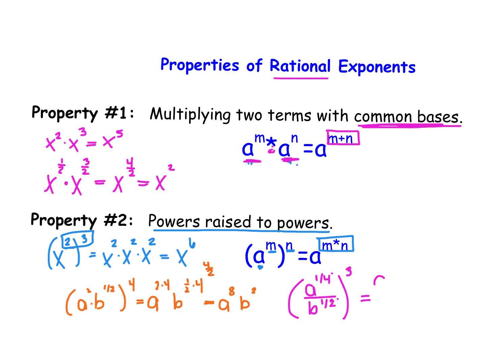So it would become a to the power of 3/4 over b to the power of 3/2. So we have situations now where we add our exponents together, looking for common bases, and then here we have powers raised to powers, which is where we multiply our exponents together.